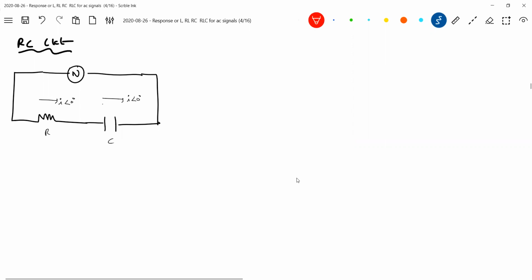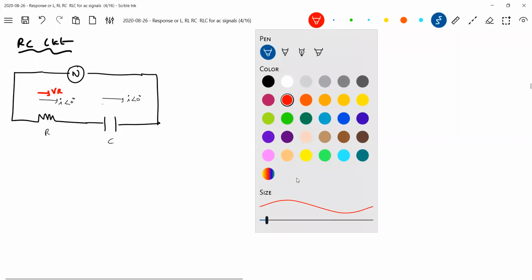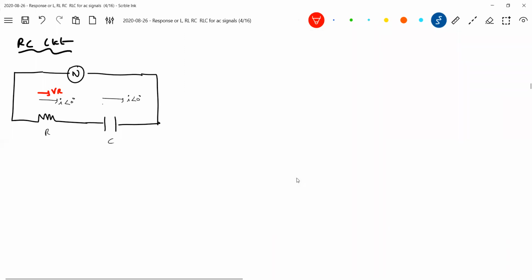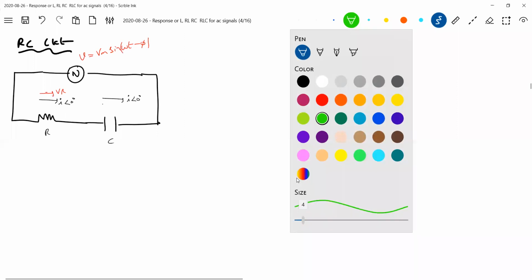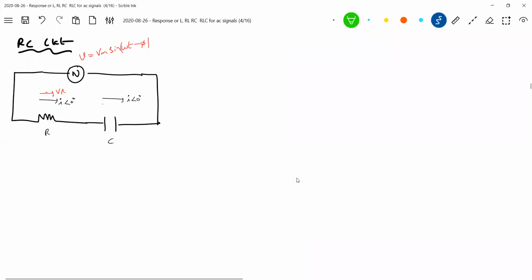Across the resistor, both are in phase. The applied voltage is Vm sine omega t minus phi. Across the capacitor, the current leads the voltage by 90 degrees. So therefore here, shall we put VC downward? Current leads voltage by 90 degrees. Since current has zero phase, voltage I'll make minus 90 degrees.